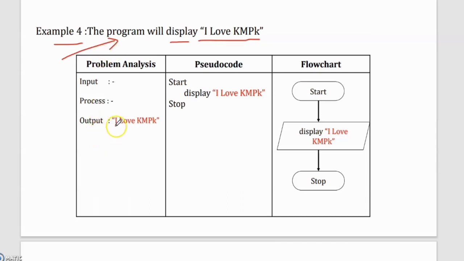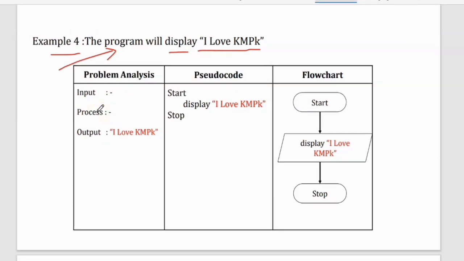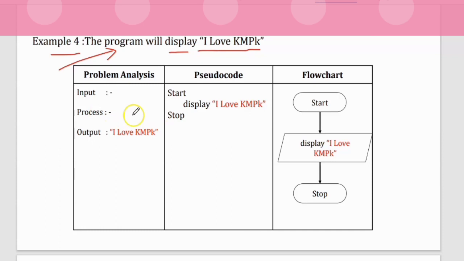So the output is I love kmpk. No need to write the input. We don't have any input, calculations or comparisons, so just write a dash only. So the output is I love kmpk.